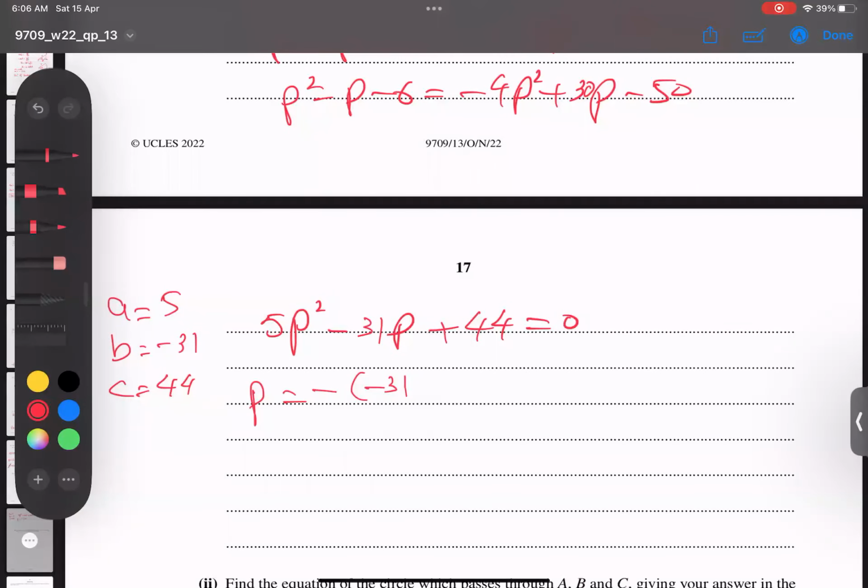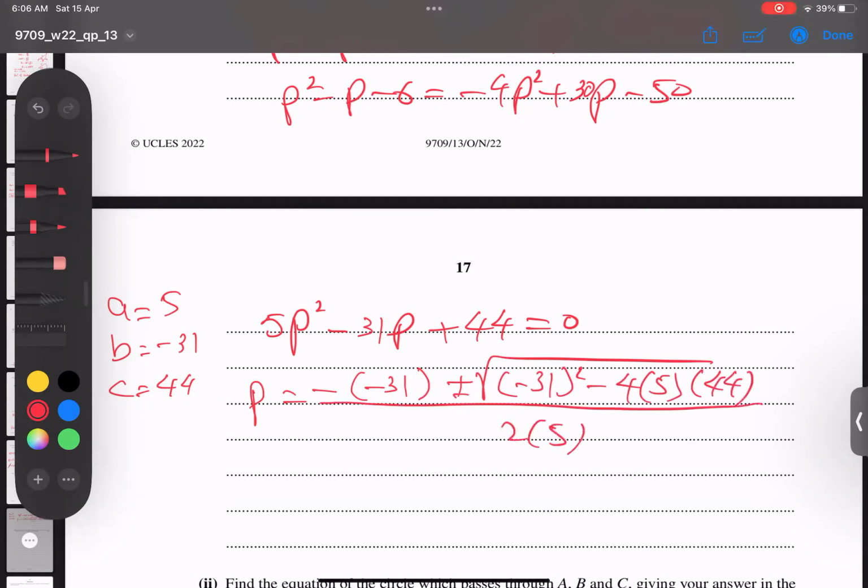So I hope the point is very clear, and I'm going to do it. So minus B, this working you have to show. Minus 4AC over 2A. And in the next step, you can skip and give direct answers. So I'm typing in my calculator, and my first answer is coming 4. The second answer is coming 11 over 5.